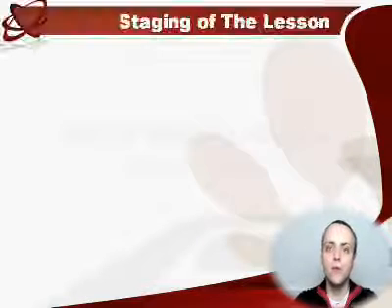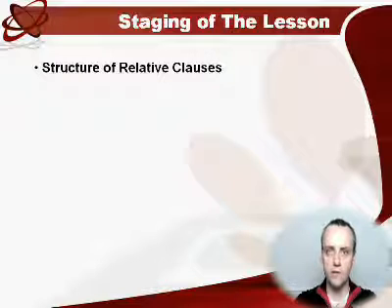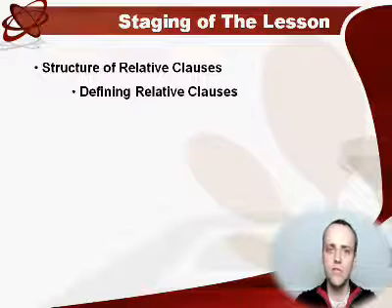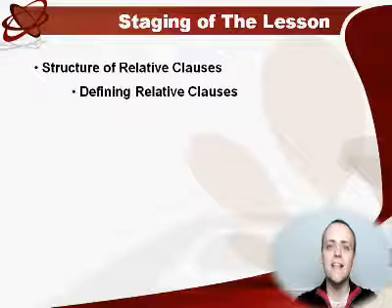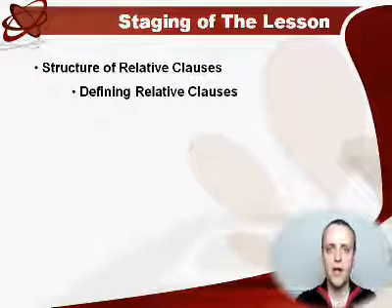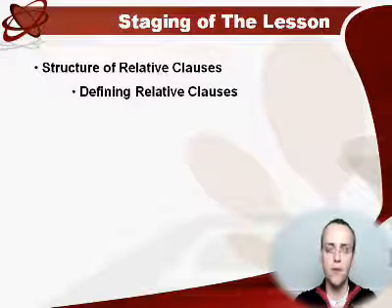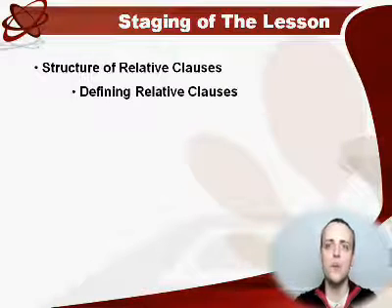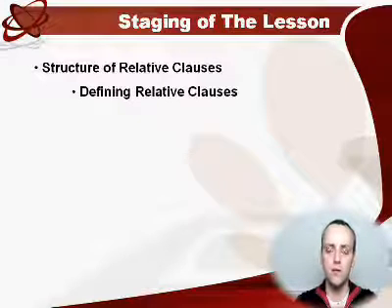So, how are we going to look at this? First of all, we're going to look at the structure of relative clauses. First, we will look at defining relative clauses, which are clauses that are necessary. When we're describing something, for example, hamburger consumption, there might be more information that is necessary. Or if we're describing people, we might need to say which people we're talking about.